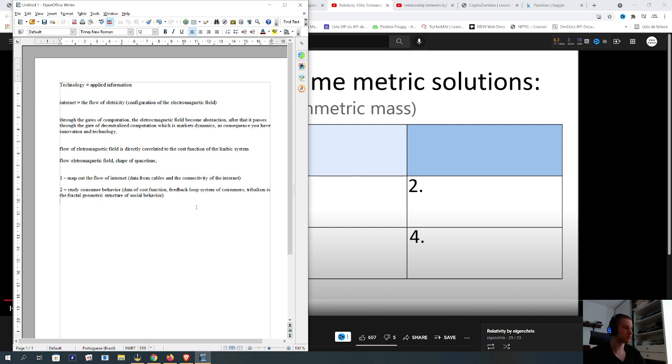So I think what I need to do is try to create a model of the geometry of social behavior. I was thinking about creating a graph. That's why I was studying the Twitter API, because we can get connectivity and a graph of the representation of the social structure.